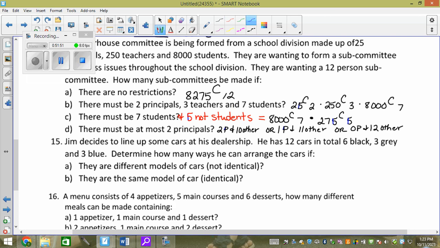So, principals, there are 25 C 2, others, there are 8,250 C 10, plus 25 C 1 times 8,250 C 11, plus 25 C 0 times 8,250 C 12.